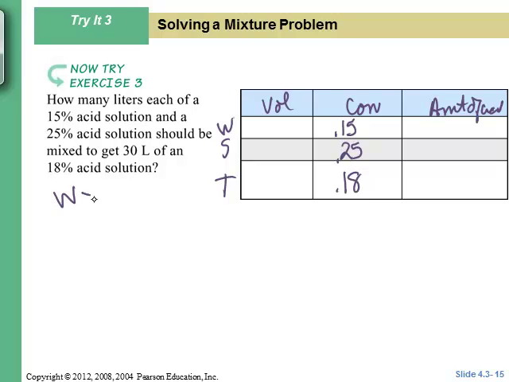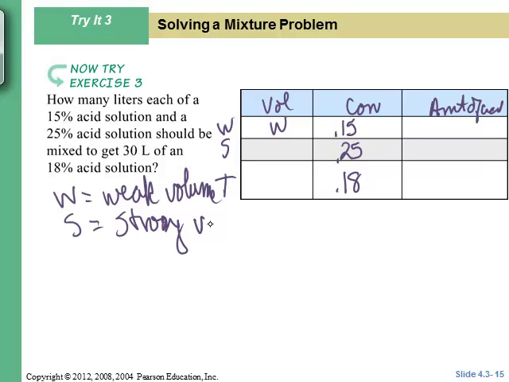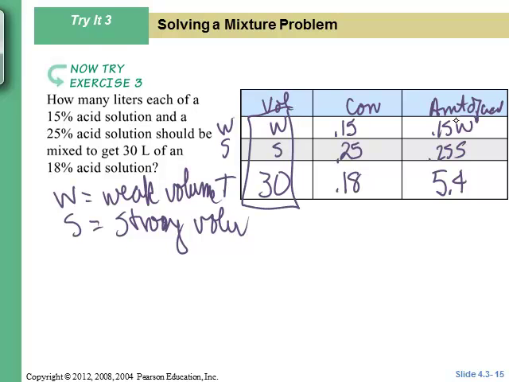So W is the weak volume. S is the strong volume. And the total is 30. So this is 0.15 weak. This is 0.25 strong. 30 times 0.18 is 5.4.